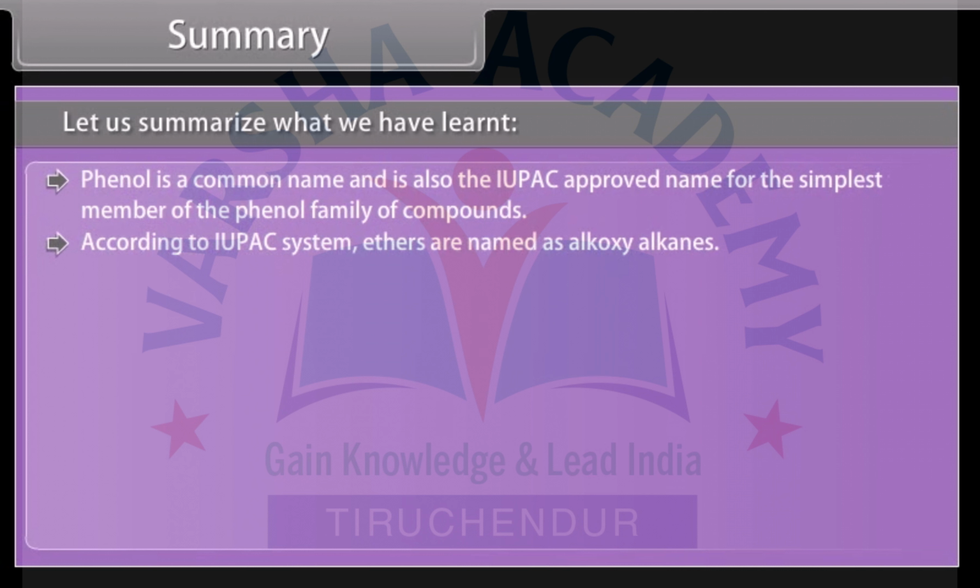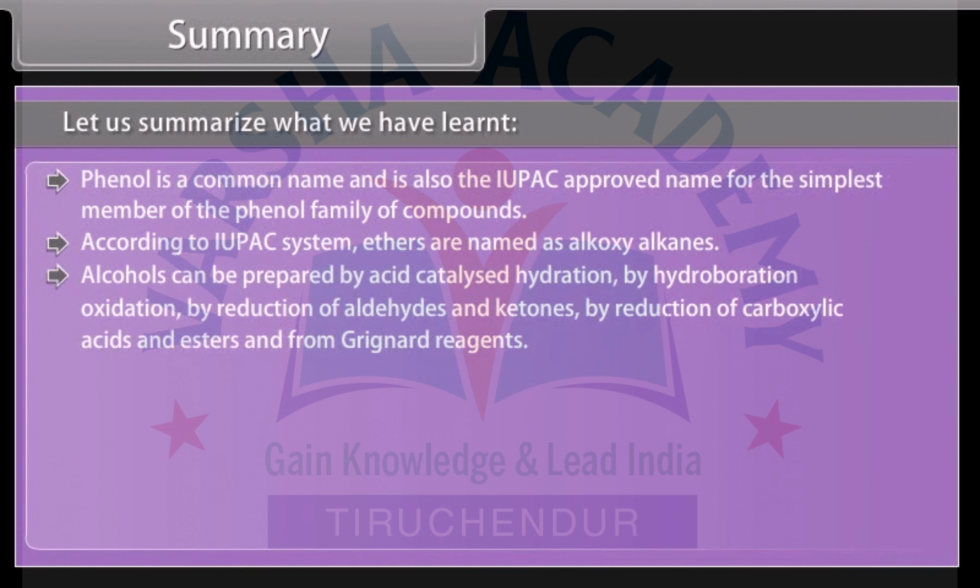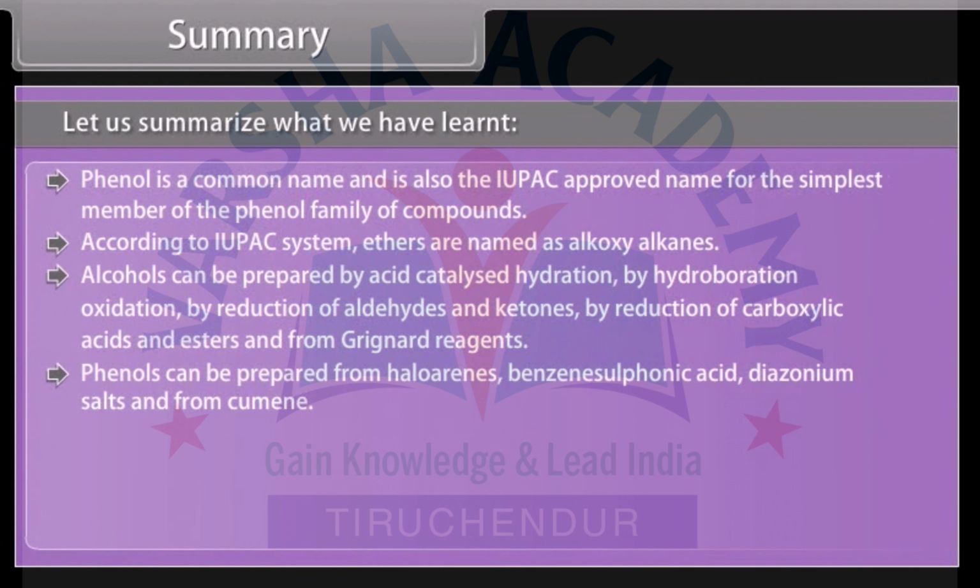According to the IUPAC system, ethers are named as alkoxy-alkanes. Alcohols can be prepared by acid-catalyzed hydration, by hydroboration oxidation, by reduction of aldehydes and ketones, by reduction of carboxylic acids and esters, and from Grignard reagents.